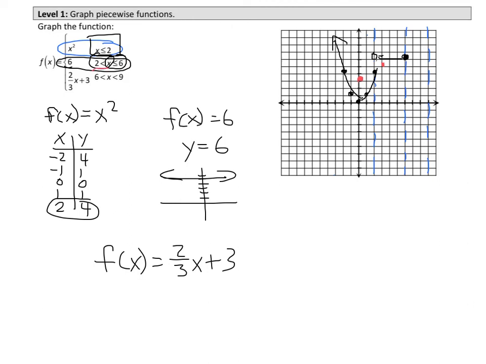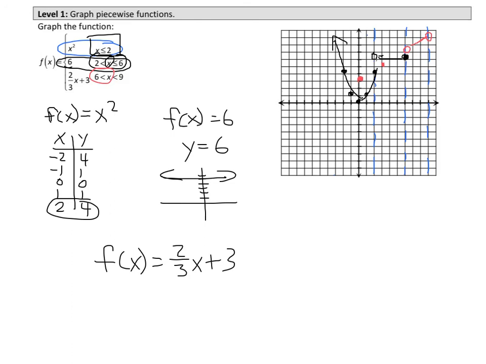And at 6, it's going to be an open dot because there's no line underneath the inequality. So I have an open dot here, and then I go up 2, over 3 again, and it's another open dot at 9. And I'm only keeping this part.